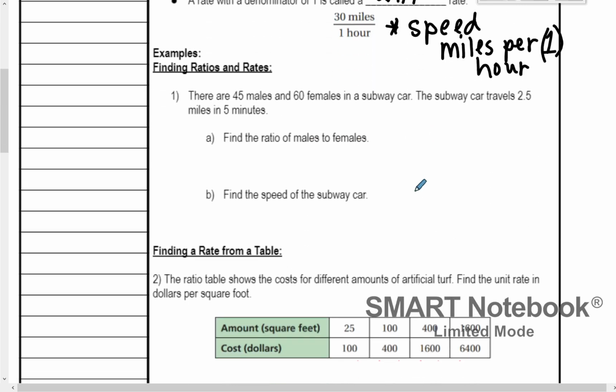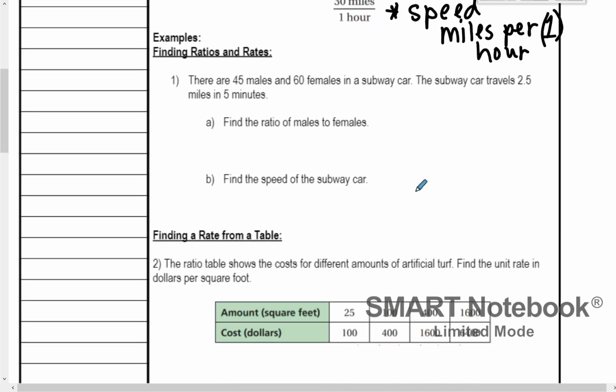All right, so let's just do some examples. First, let's talk about finding ratios and rates. There are 45 males and 60 females in a subway car. The subway car travels 2.5 miles in 5 minutes. We want the ratio of males to females. The number of males is 45 males, and I always like to put my label, you should as well, to 60 females.